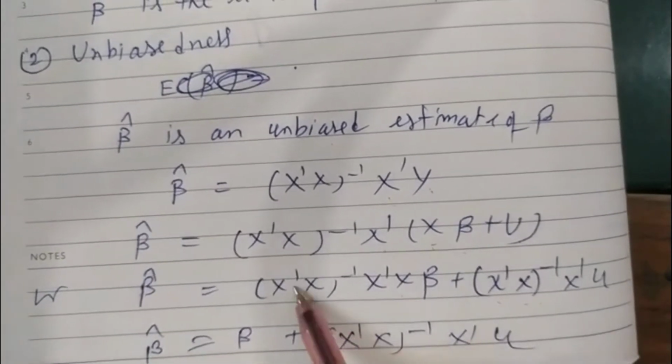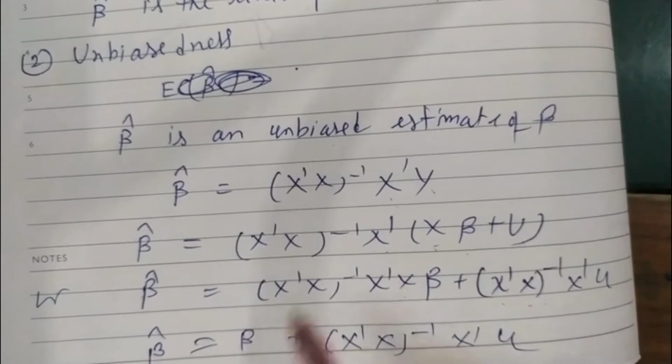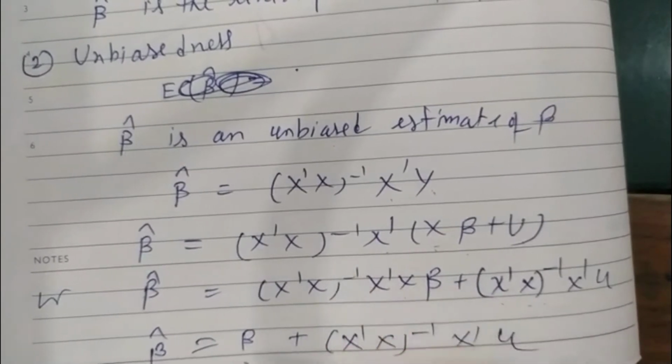We know the multiplication is the identity matrix, which gives the same matrix.